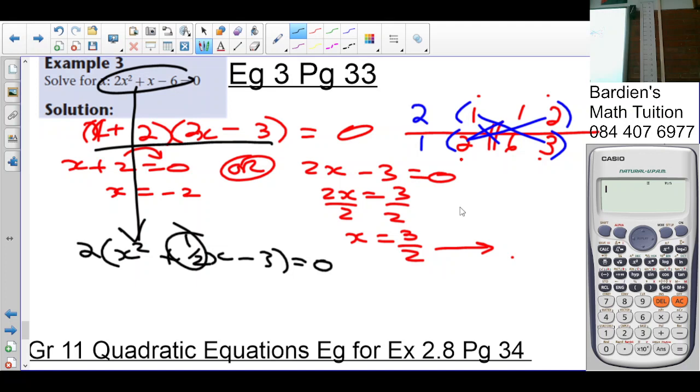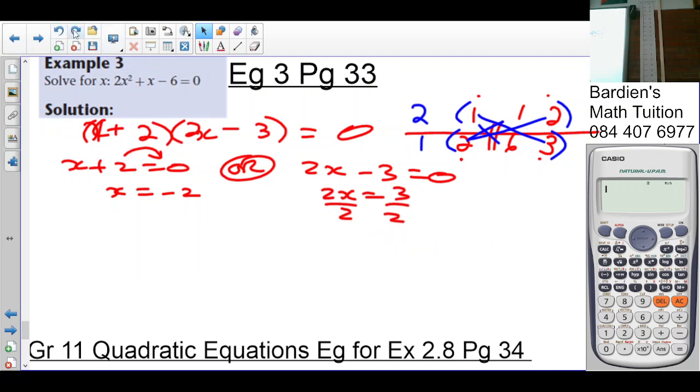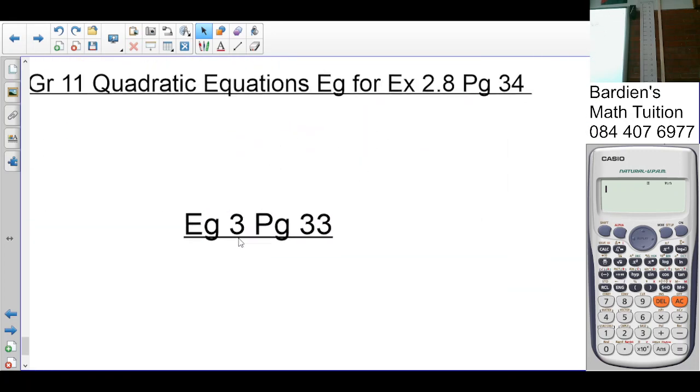You understand? So can we factorize if it's not a common factor? No. We wouldn't want to work with fractions then. All our rules in this case are applicable to integer values basically.